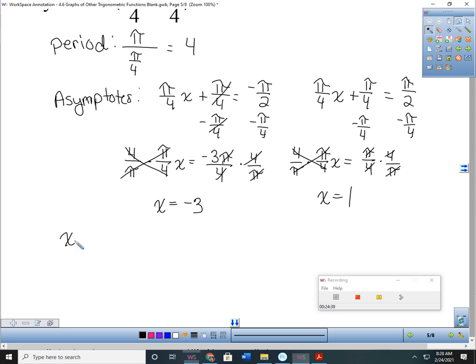So our x-intercept is halfway between the left asymptote and the right asymptote. So I'm going to take the two numbers and add them together and divide by 2. So negative 3 plus 1 is negative 2, divided by 2 is negative 1, which makes sense, right? If you think about a number line, this is 0, this is negative 3, and this is 1.